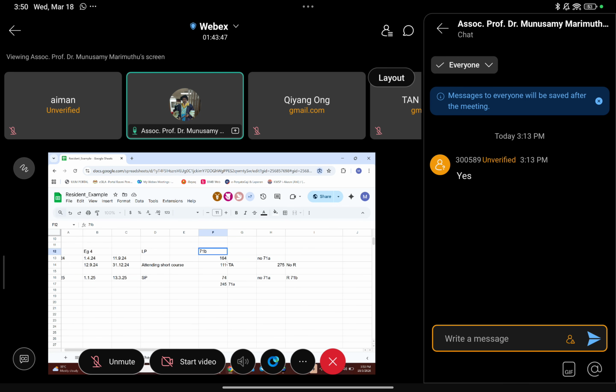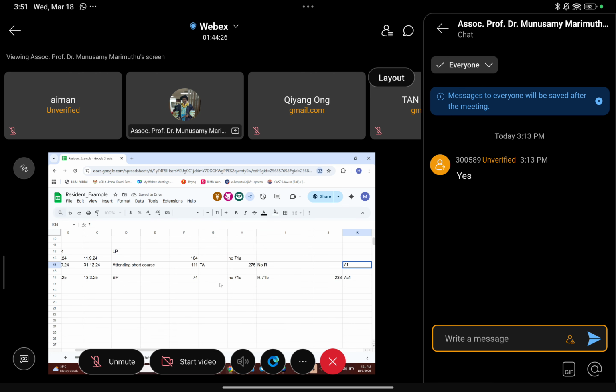But unfortunately, the question is only 164 here. So for the link, you have 245 here. So you can use for here 2025 only. If I change this to 35, this is 71A, this is 71B. Think about it, eh? If I change this here to 233 days, then it becomes 71A. This one will become 71B.